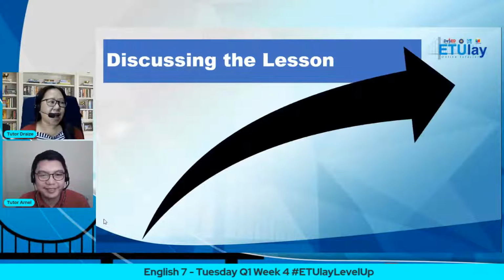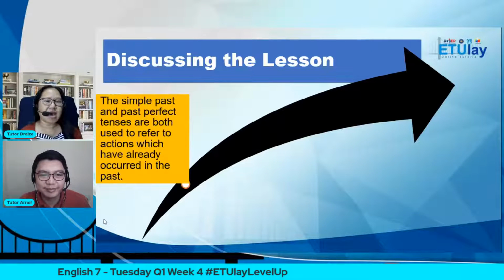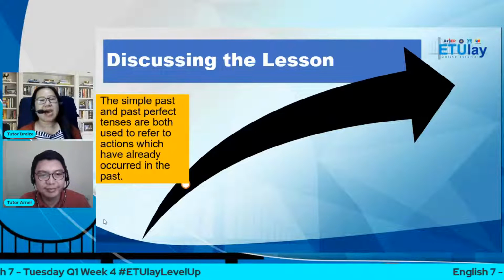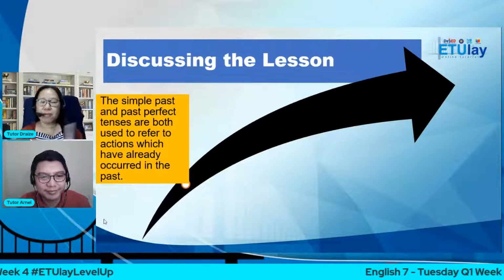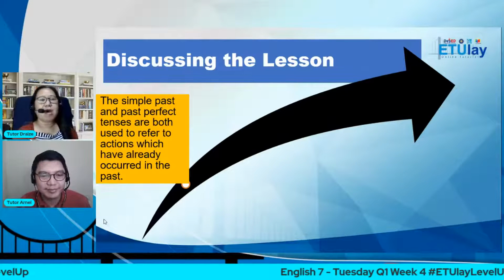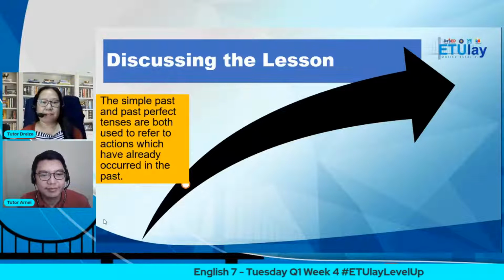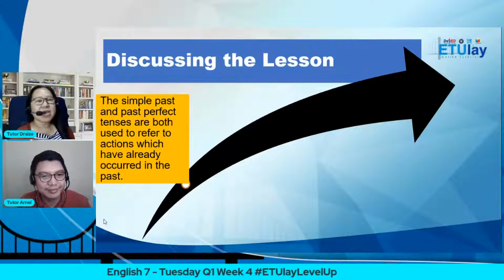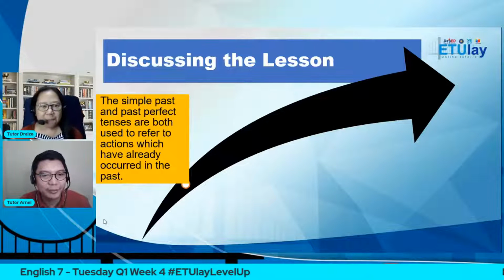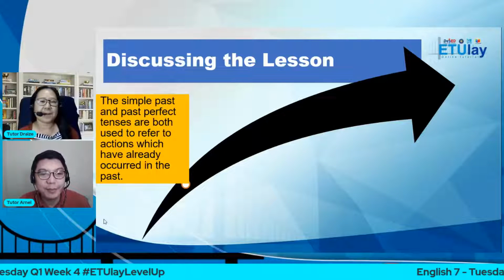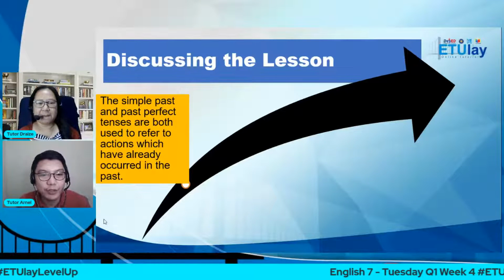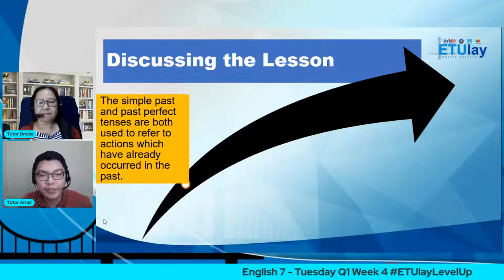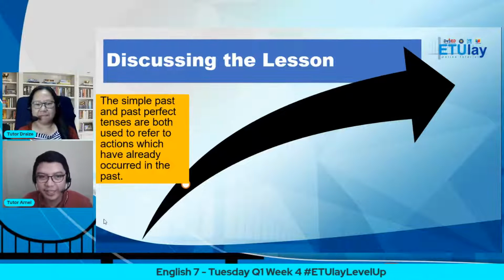So for this afternoon, we will be discussing the simple past and the past perfect tenses, but we will be focusing our examples and our discussion on the simple past tense. Tutor Nell, can you please help me out with this slide? All right. So the simple past and past perfect tenses are both used to refer to actions which have already occurred in the past.